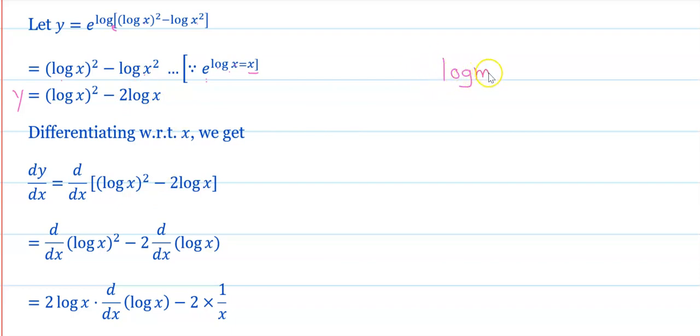Log of m raised to n is equal to n times log of m. Similarly this is written as 2 times log x. Now dy by dx is equal to d/dx of (log of x)² minus 2 times log of x. Now find out the derivative of (log of x)².